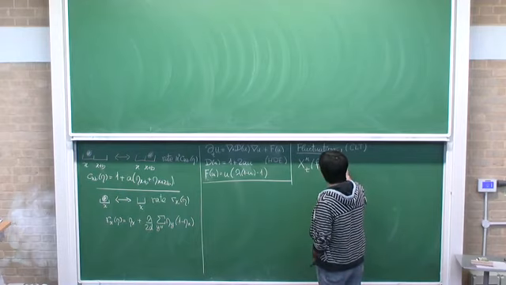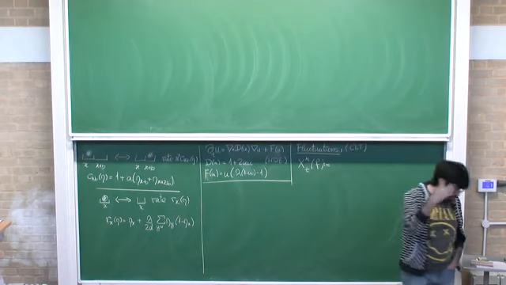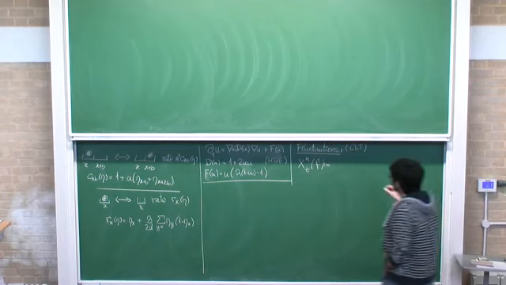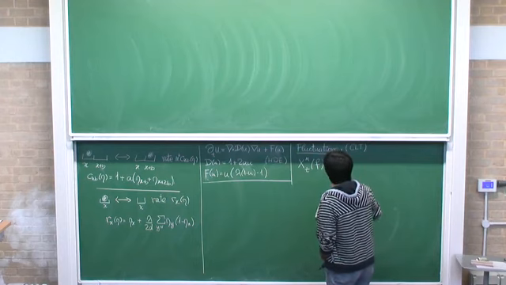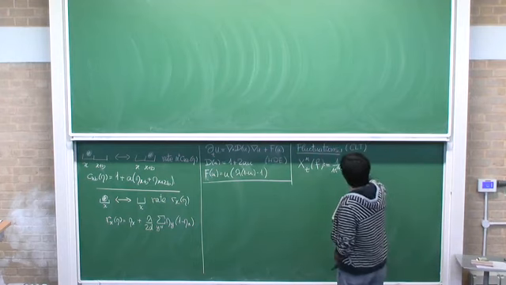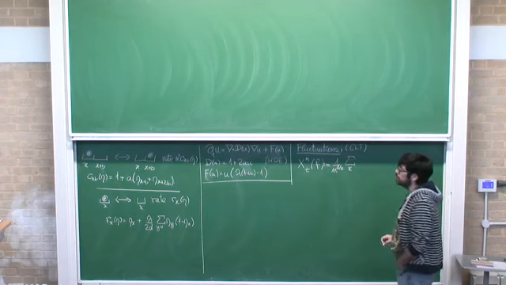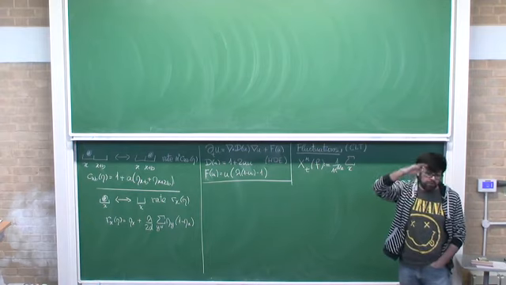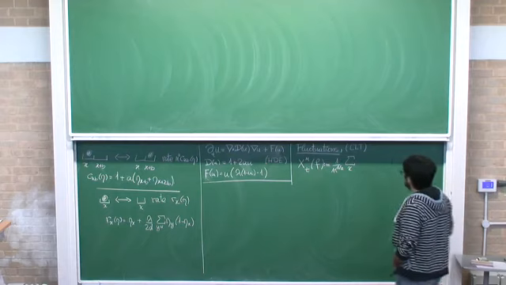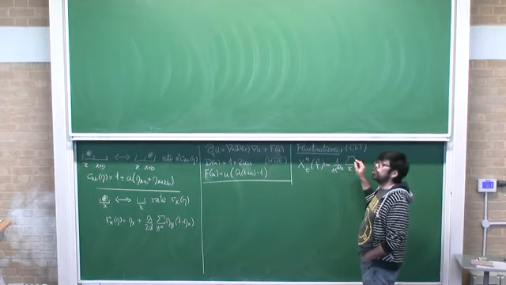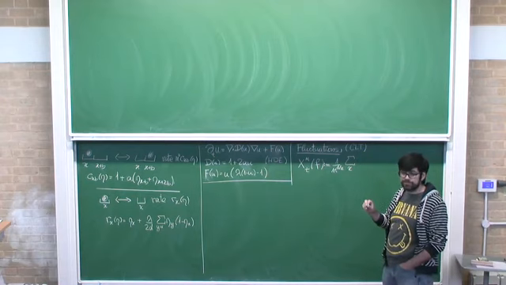Here there was a 1 over n to the d, because it's the density of particles, and there are n to the d sites, so it makes sense to divide by n to the d over 2. And then you make the sum over x. Remember that x runs over the torus of length n.